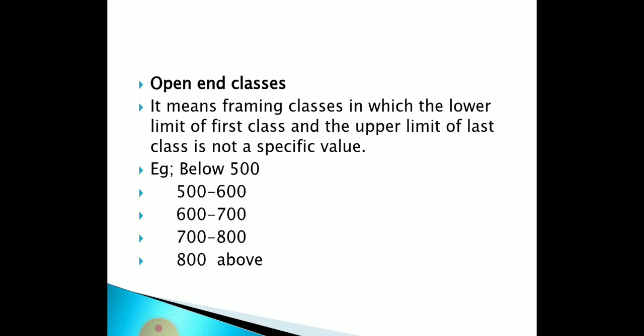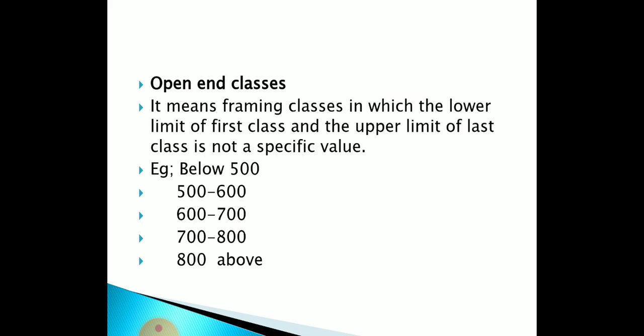Open classes are framed in such cases where most of the values are concentrated around two given specific numbers, and only some values are clustered too far from the other numbers or the mean or median.